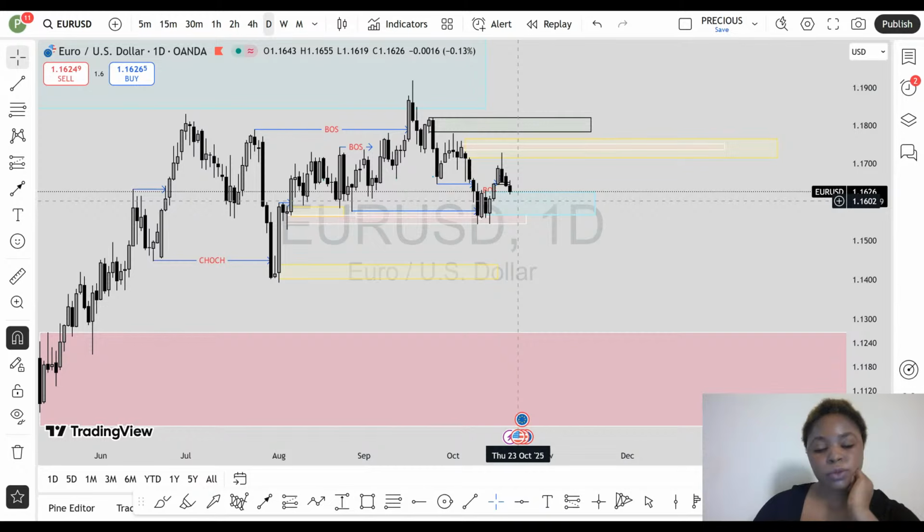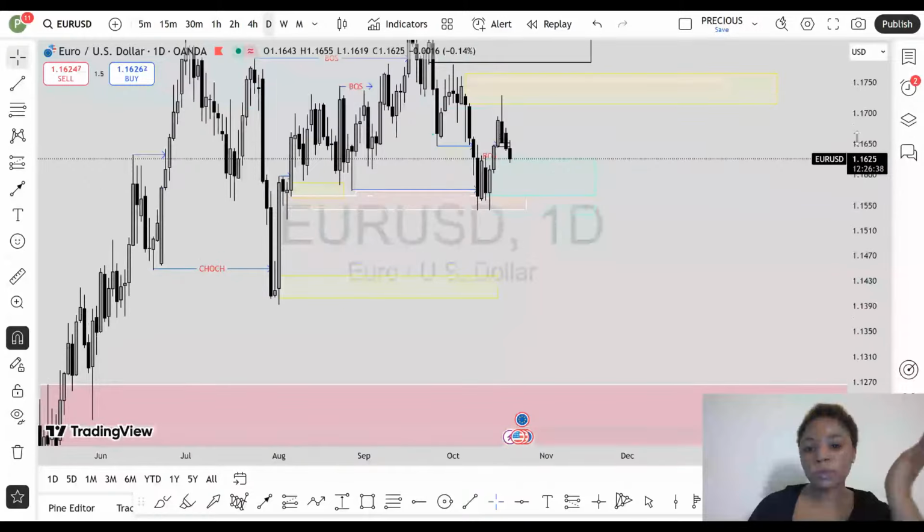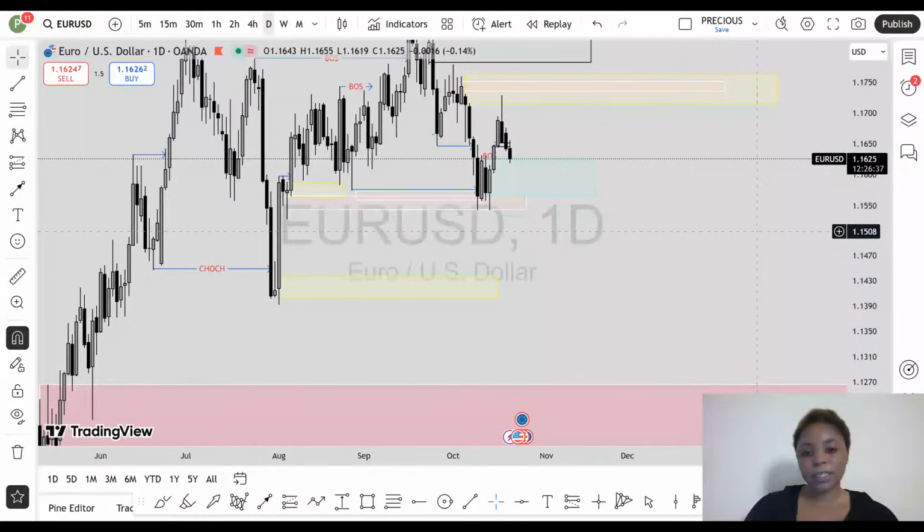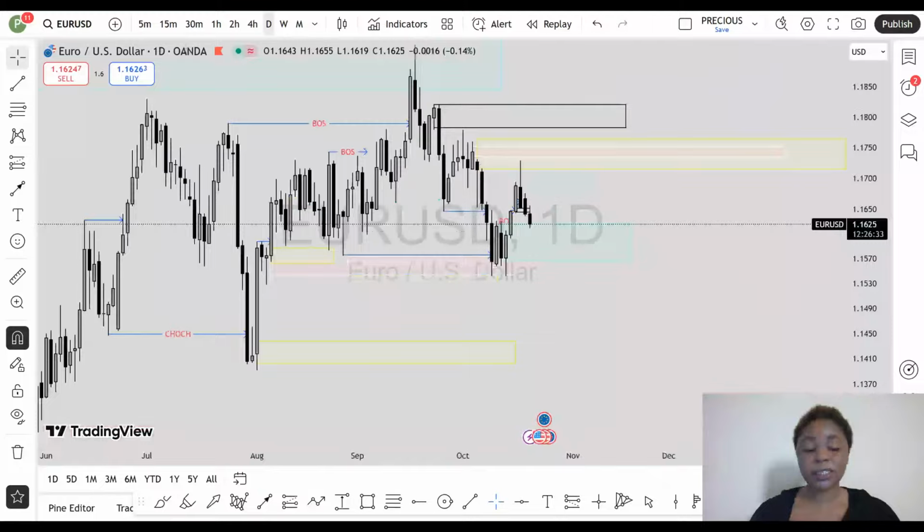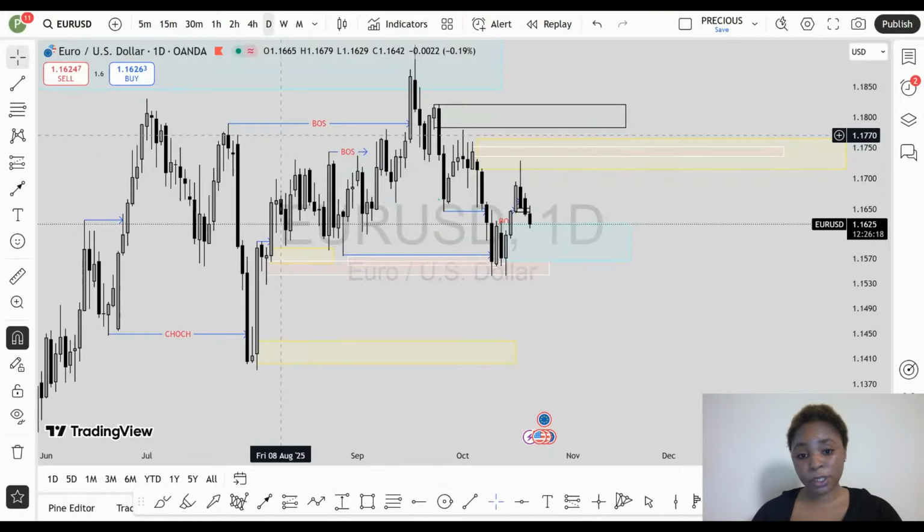So the first thing we'll do is to carry out multiple time frame analysis, go to the higher time frame to understand the directional bias. The next thing we'll do is to mark out our key points. You can see I've marked out some key points here.